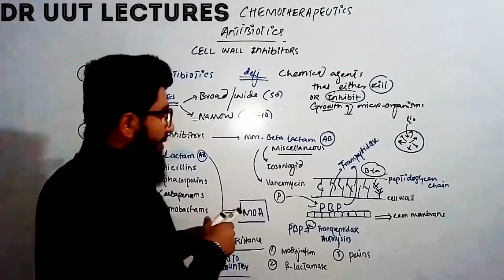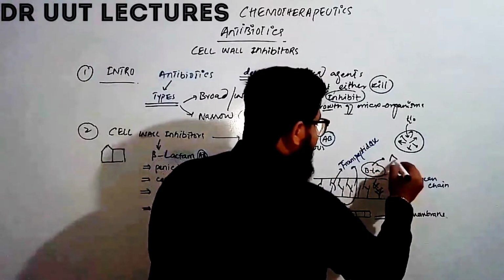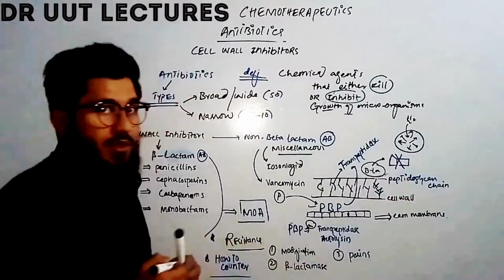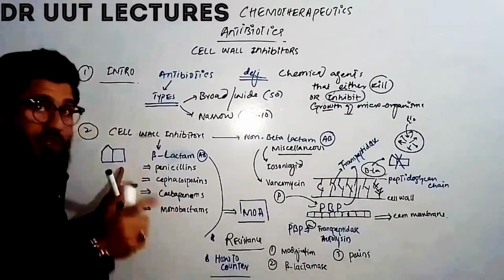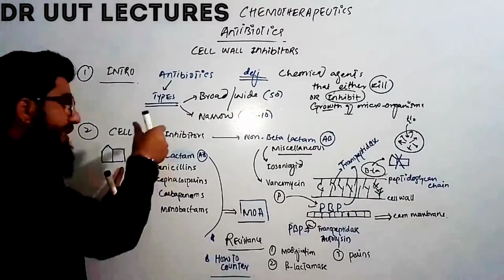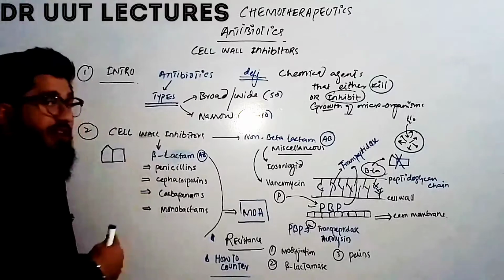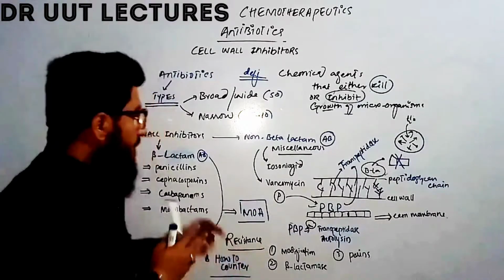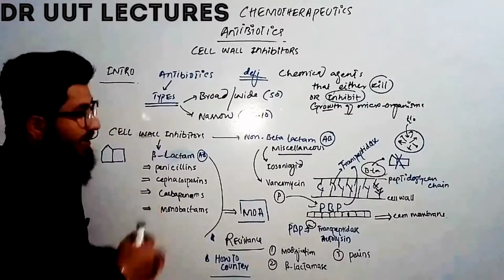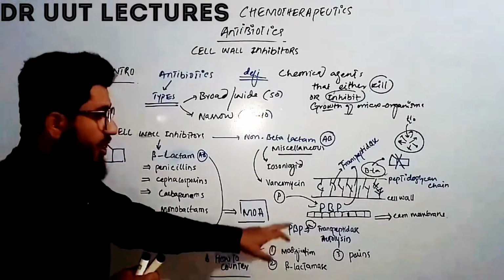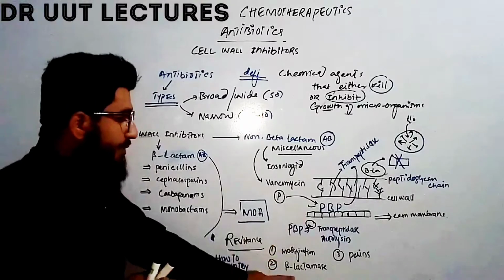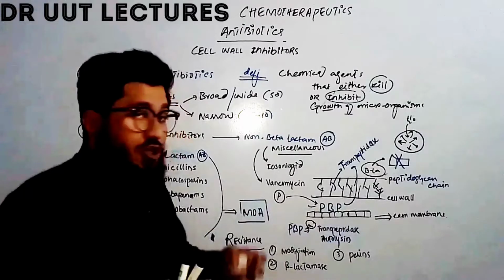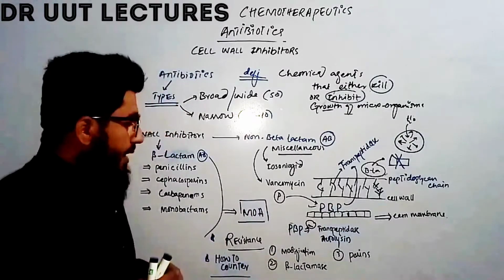These beta-lactamases will break this beta-lactam ring, which is the structural and functional ring of the beta-lactam antibiotics. If this ring is not available, there won't be any action of these antibiotics. So by modification of the penicillin binding protein and production of beta-lactamase, the bacteria show resistance.